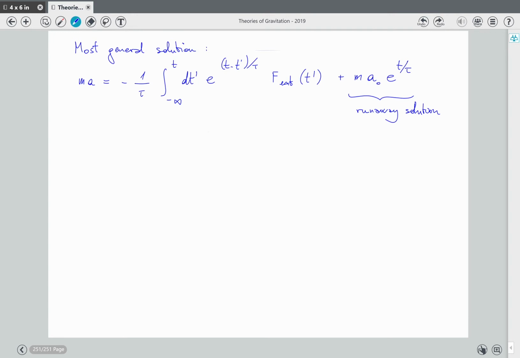You have an equation where it's enough to know the past and present of your force, but not the future. And then you have the runaway solution.